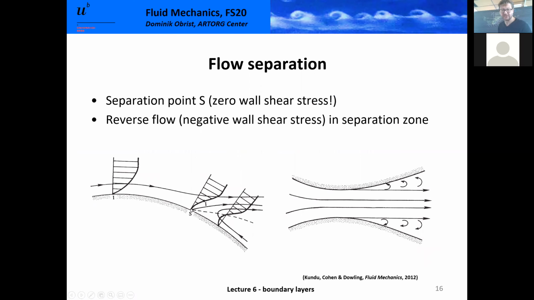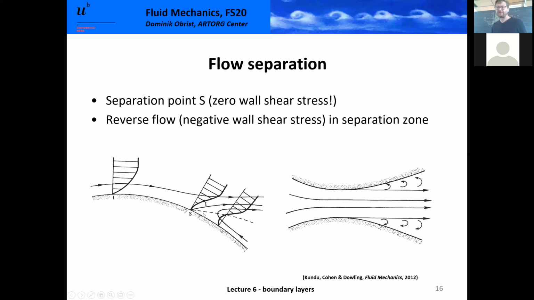The point where this all starts is called the separation point, often denoted by a capital S. The separation point is exactly where we have this one boundary layer where the velocity gradient is zero. Zero stress condition here. Upstream of this S, we have a normal condition. We have shear stress creating a drag in a positive direction. Beyond that separation point, we have reverse flow going the opposite direction, and shear stresses point upstream.